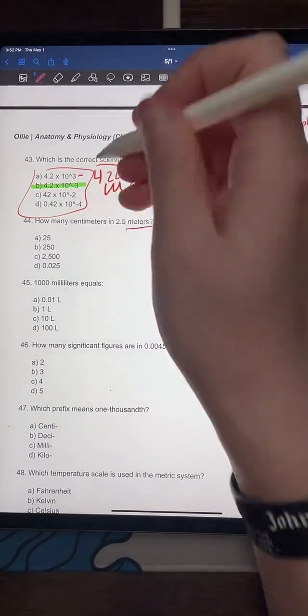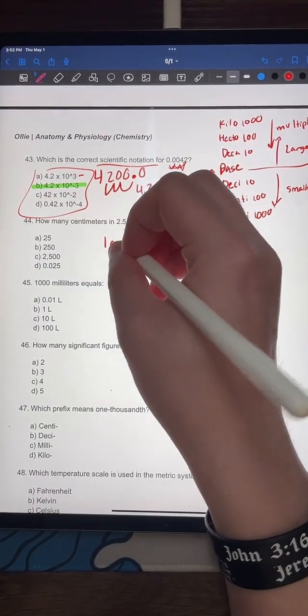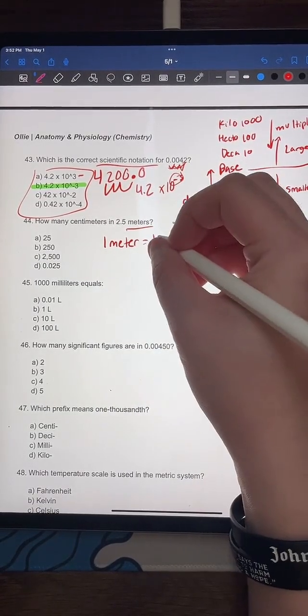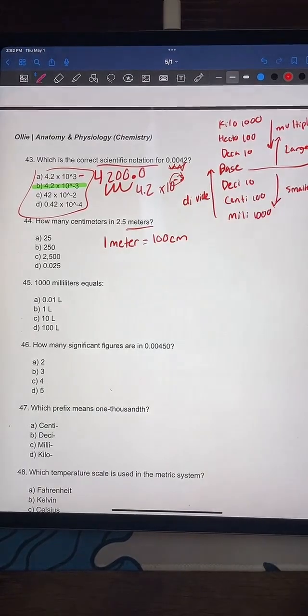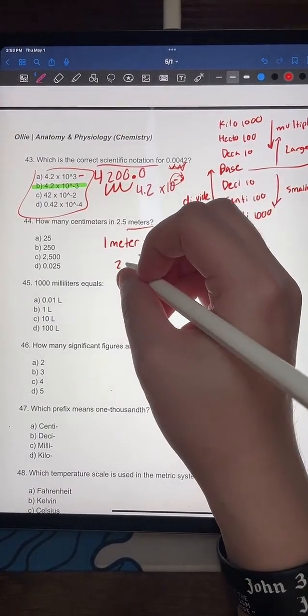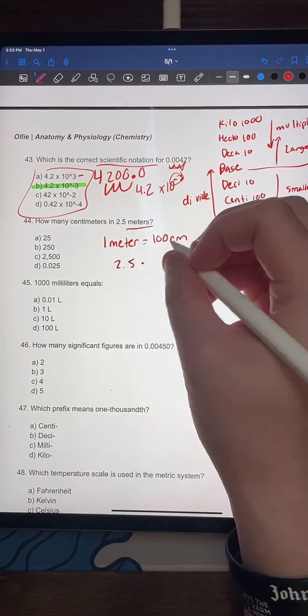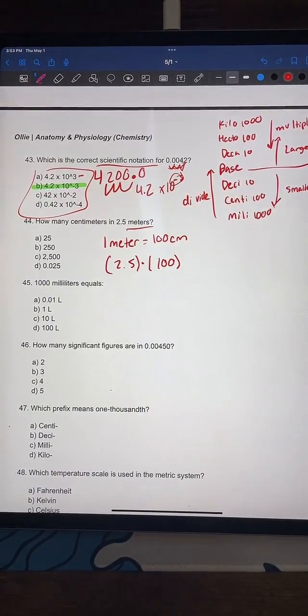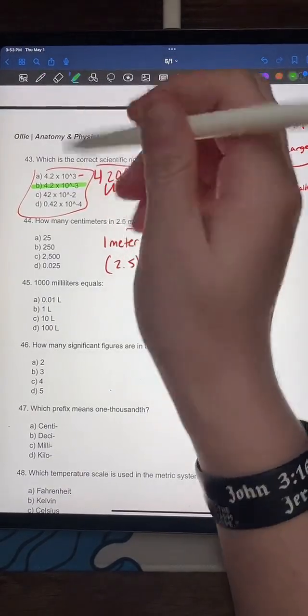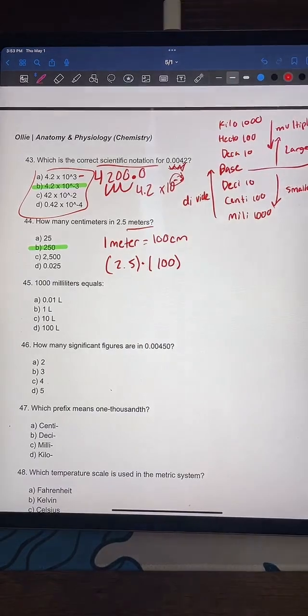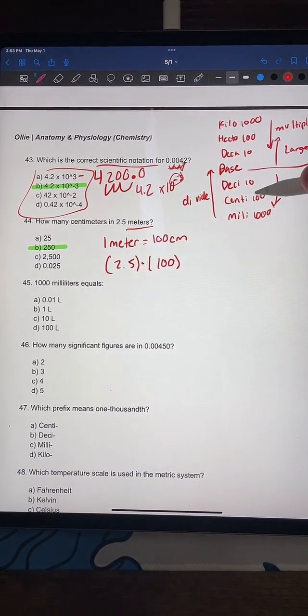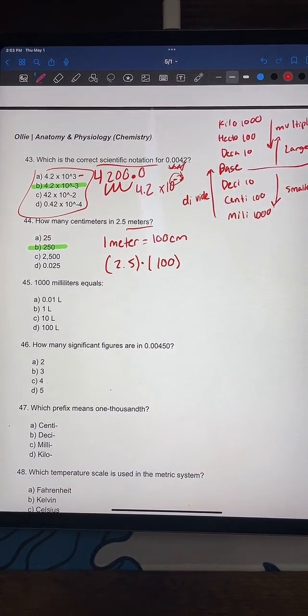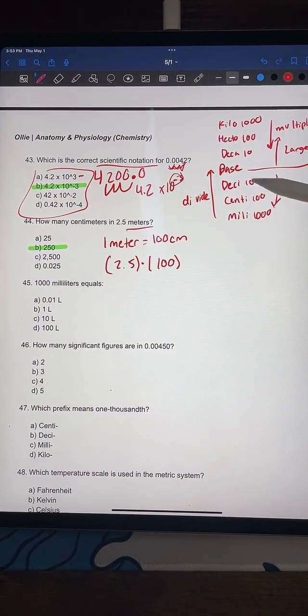Alrighty, so 1 meter is equal to 100 centimeters. So we would take 2.5, multiply that by 100, and we would get 250 centimeters. So again, centi is a 100th of the base unit, just like milli would be a 1,000th of a base unit.